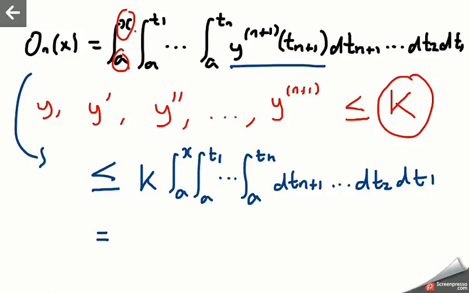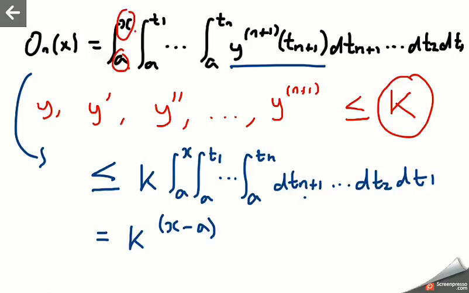And now the real magic. We showed earlier on that when you just evaluate all of these integrals like that, all you get is x minus a to the power of, how many integrals are we doing? 1, 2, well, n plus 1 of them, because we start out at dt_{n+1} and end at dt1.